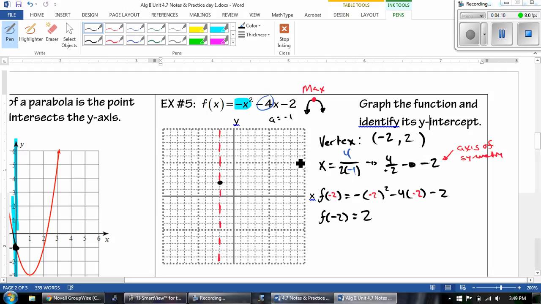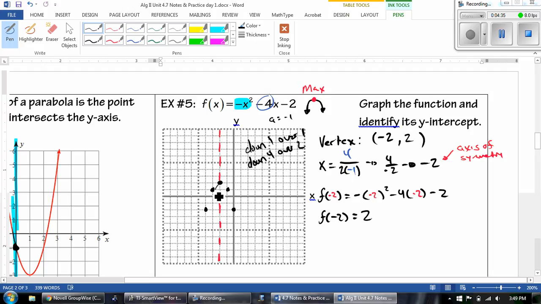And then I would just follow my pattern. Instead of going up 1 over 1, I'm going to go down 1 over 1. So down 1 over 1, down 1 over 1 in both directions. And then I'm going to go down 4 over 2. So 1, 2, 3, 4, 1, 2, in both directions.